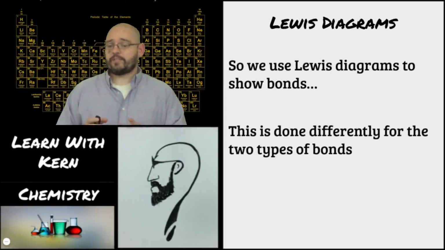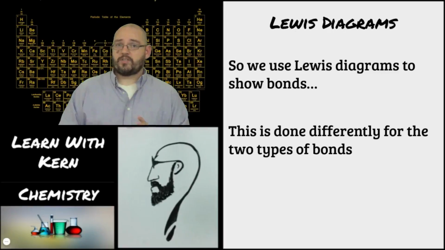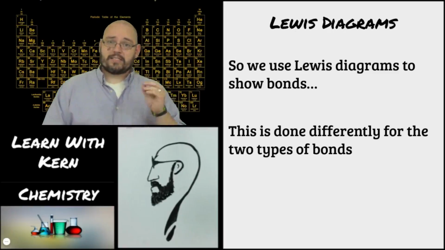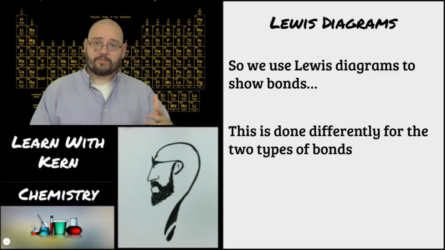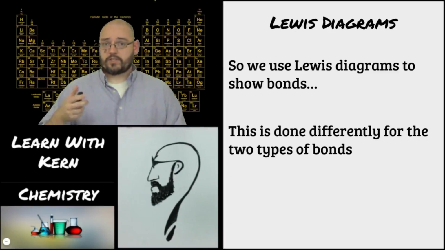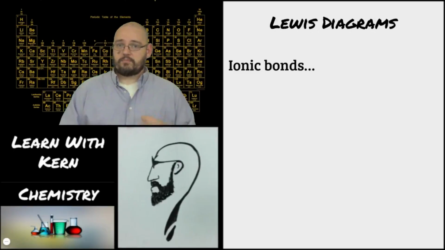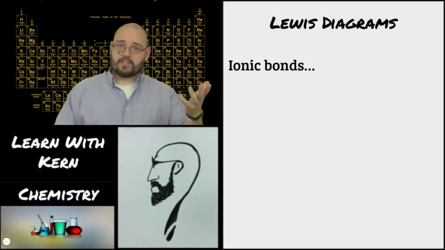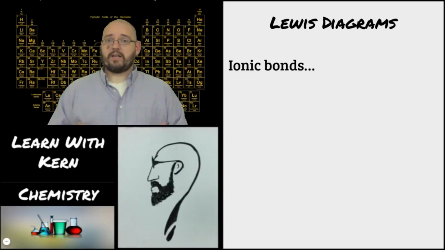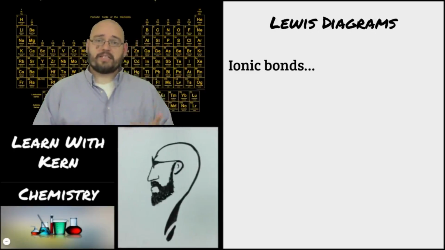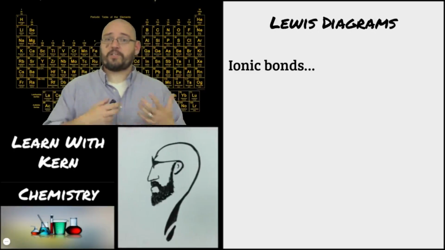And this is done differently for the two types of bonds. So it's going to be done slightly differently for ionic compounds versus covalent compounds. So let's talk first about ionic bonds. Ionic bonds form when you have a positive and a negative ion. And as we talked about, the different elements have specific charges.